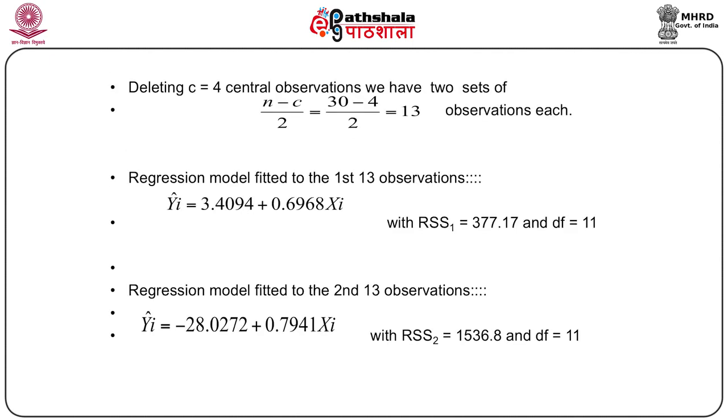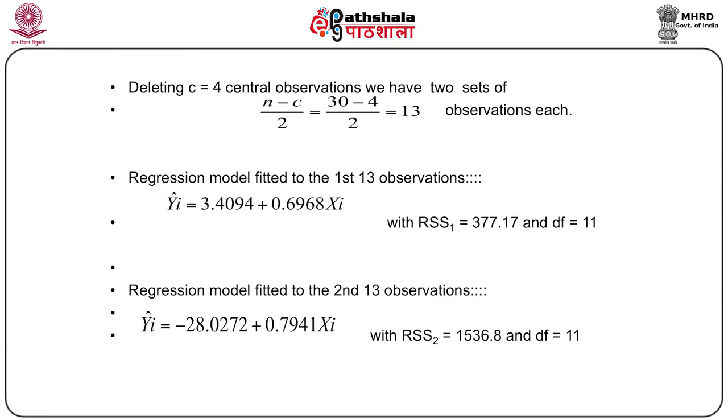After we have arranged the dataset in increasing order of xi's, we delete C equals 4 central observations so that we now have two sets of (n minus C) over 2, which means (30 minus 4) over 2 equals 13 observations in each of the two datasets.